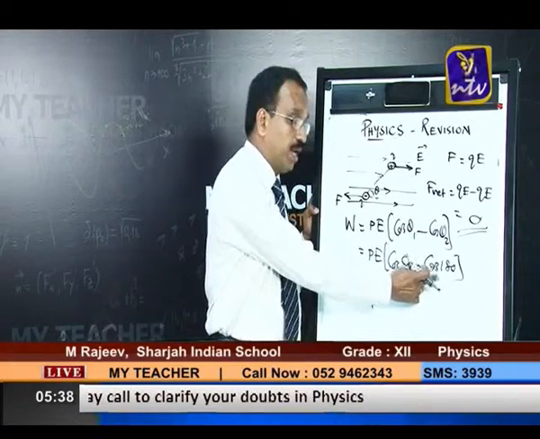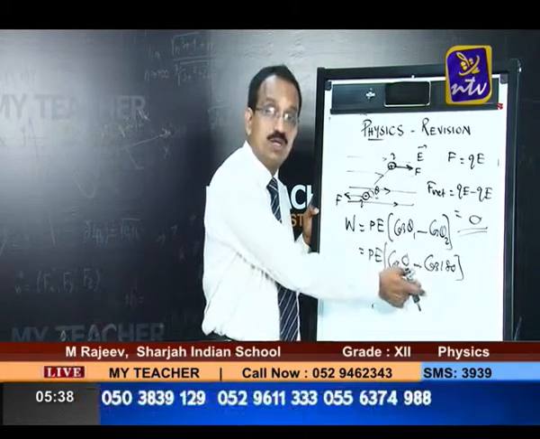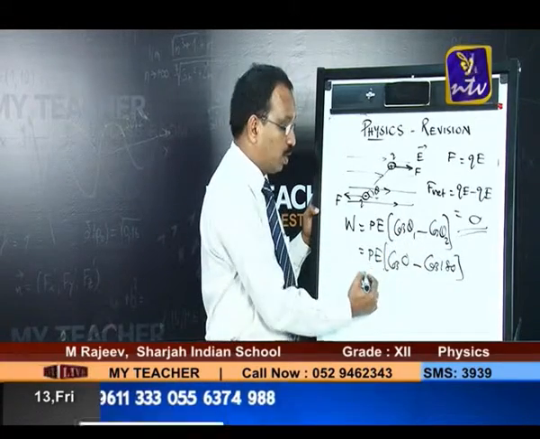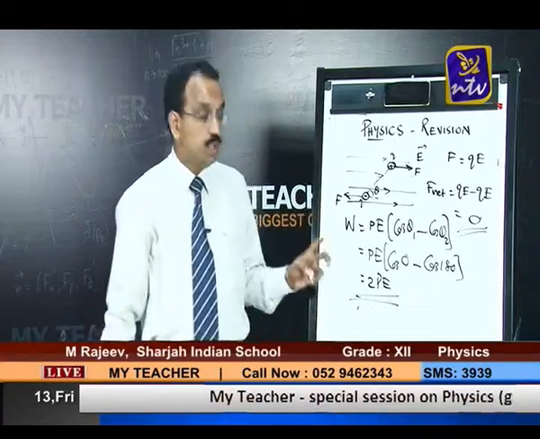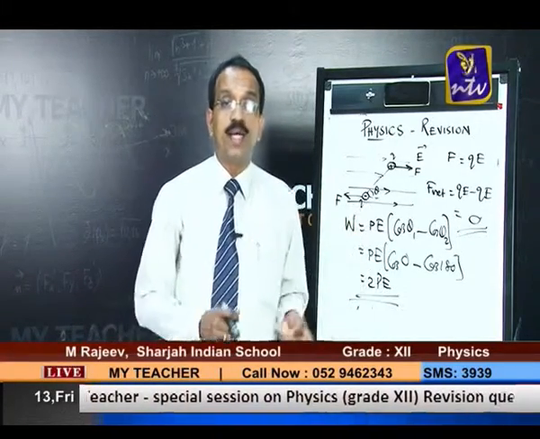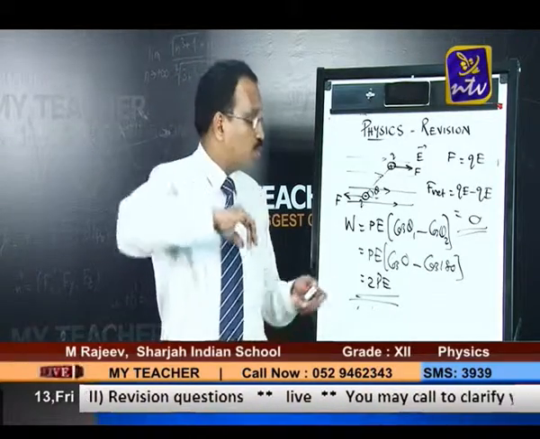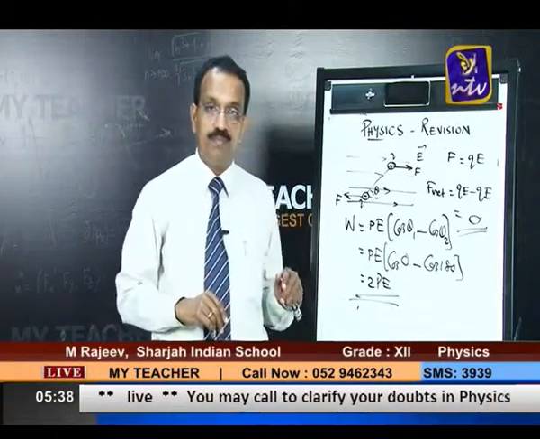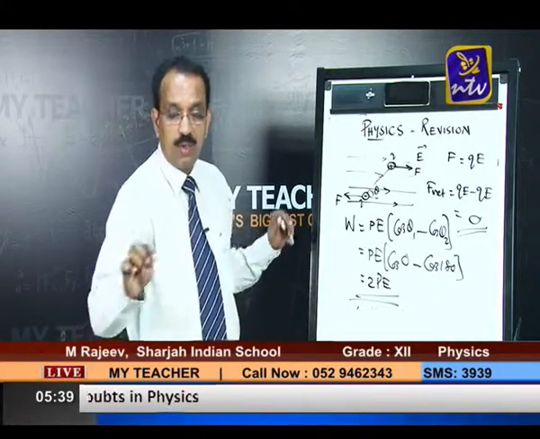Cos 180 is minus 1, cos 0 is 1, so 1 minus minus 1 is 1 plus 1, which is 2. So what's the answer? 2pE. This is the work done to rotate a dipole from 0 degrees to 180 degrees. So you have to make use of this equation for that. Is the point clear? All right. Now you can look at the next question.